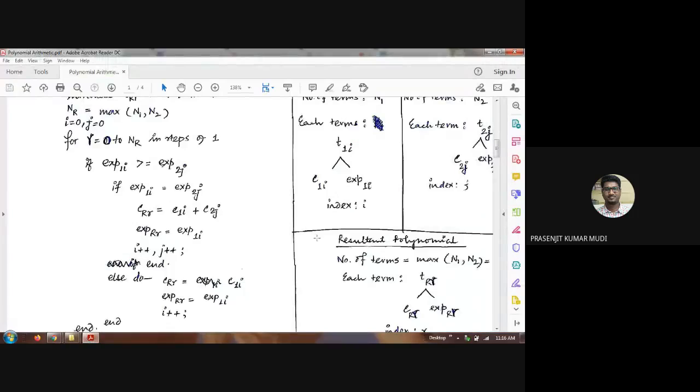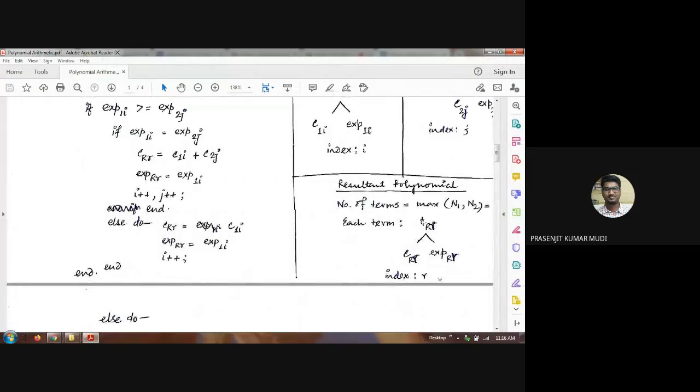It is missing here, clipped. Each term we represent by small t, capital R means resultant polynomial, and the index variable is small r. So TRR consists of two components, C capital R small r and exp capital R small r, where small r is the index variable.